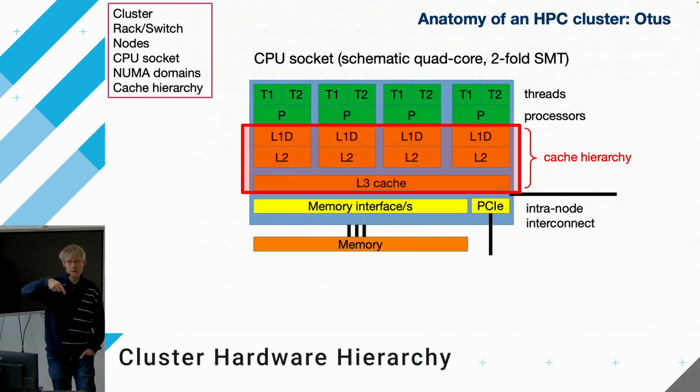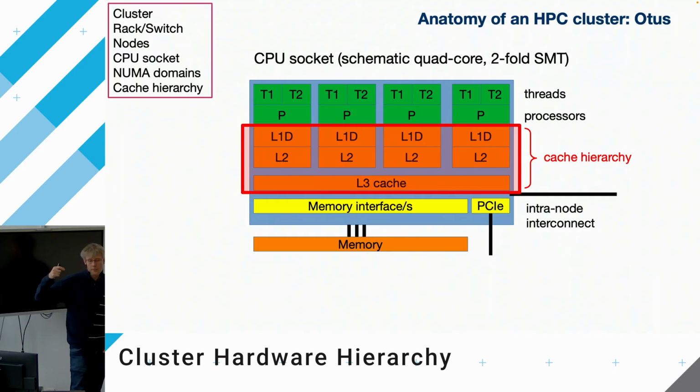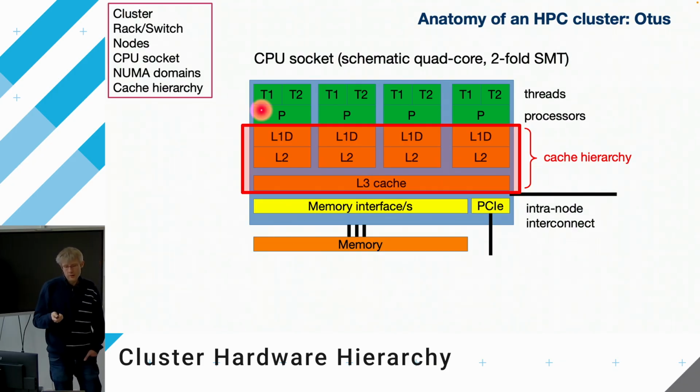In this system, it has to go out of the CCD into the I/O die and out of there through the memory interface into the memory, and then back again. Therefore, there's a long way for the data to reach the CPU core where you actually are doing the calculations.